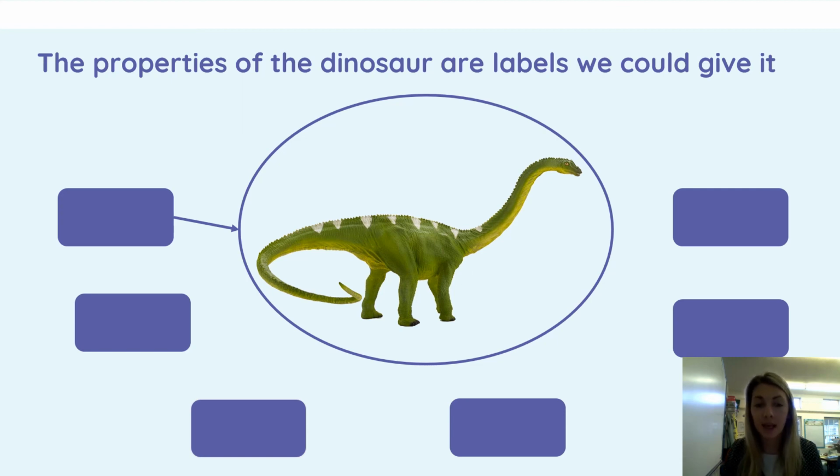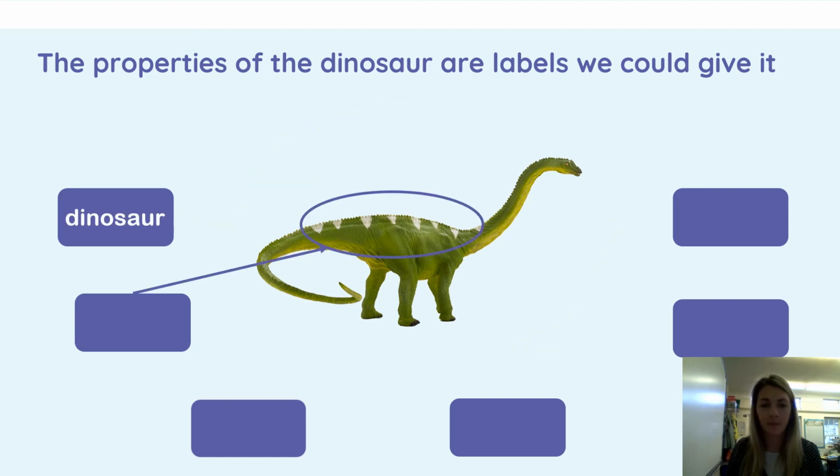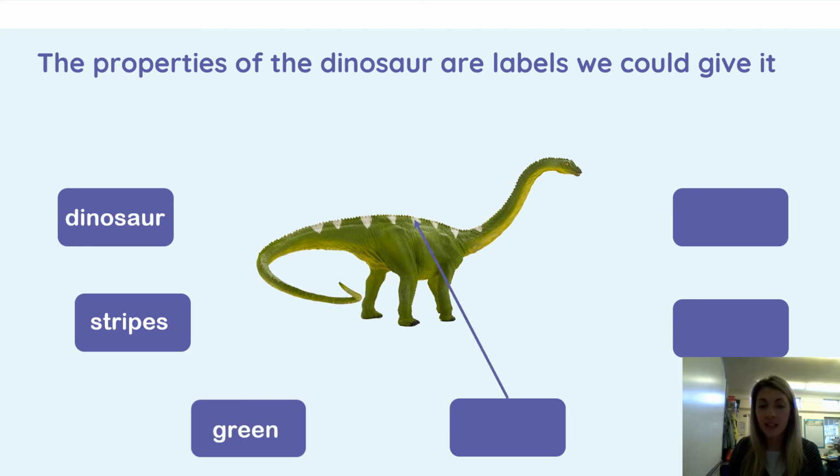Okay, let's see what we've got behind here. We've got the label dinosaur, so it is a dinosaur. It has stripes. It is the colour green.